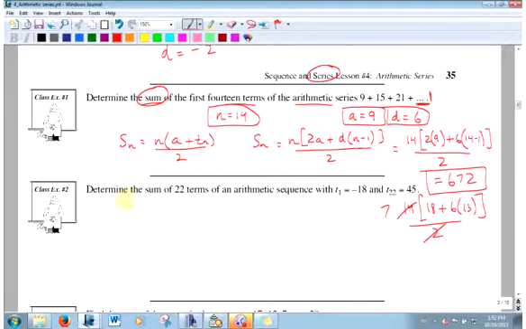Okay, next question. Sum of 22 terms. What is that number 22? T1, that's A. T22.